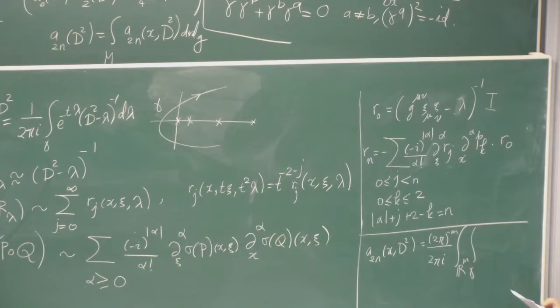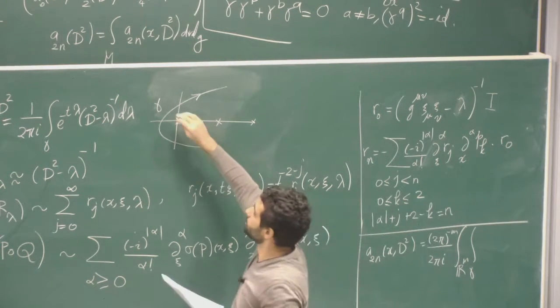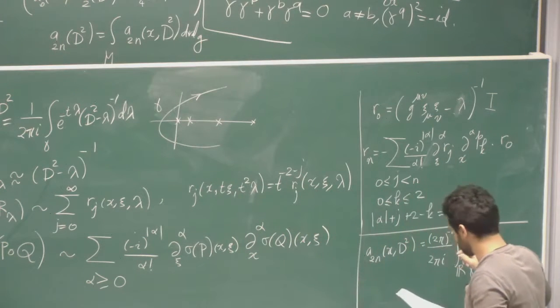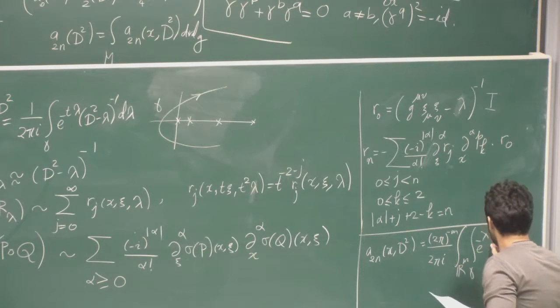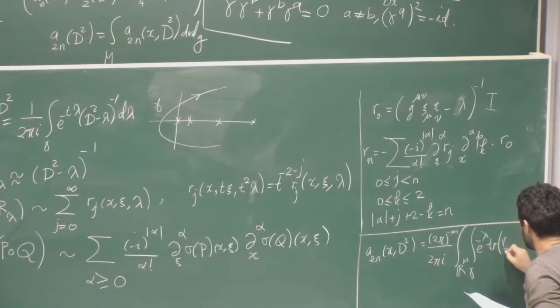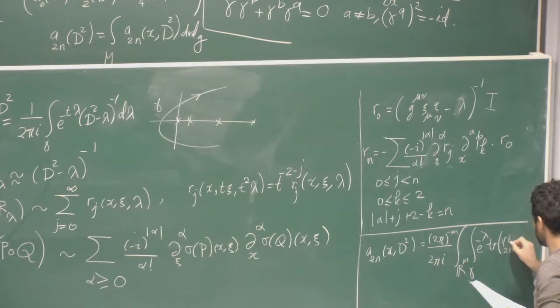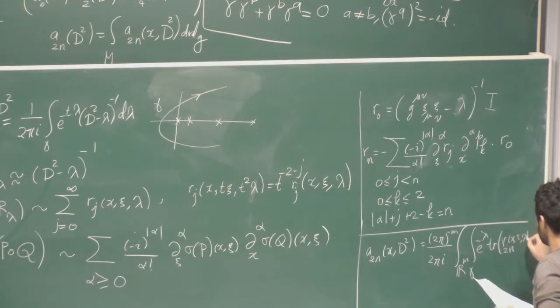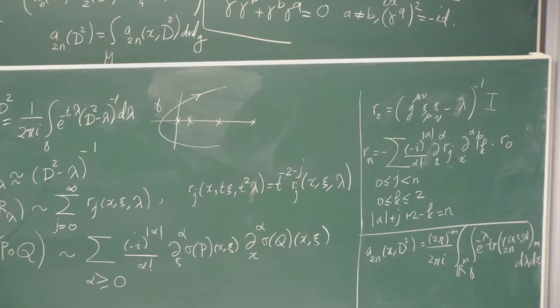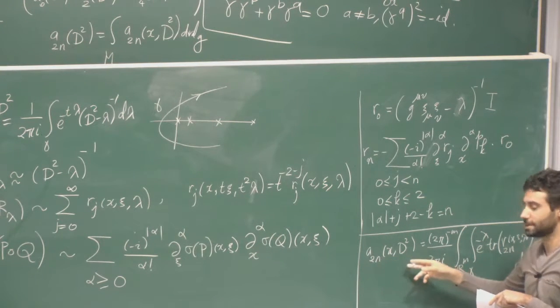So there is an integration over Rn, and there is an integration over this contour. You take the trace of this matrix R to n, x xc lambda, d lambda, d mxc. So it seems like we have an integral formula for these a to n's.